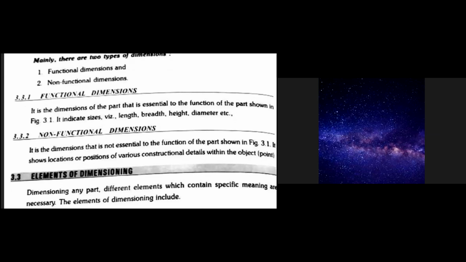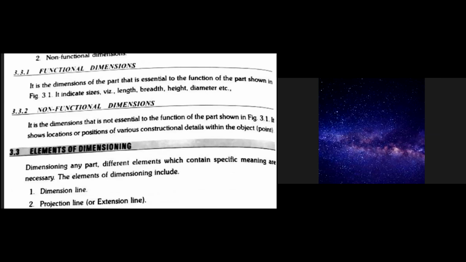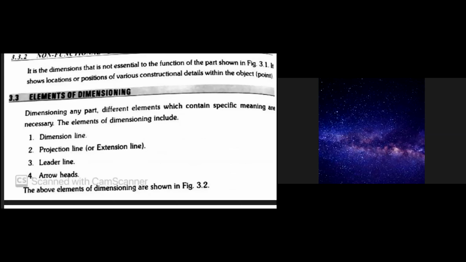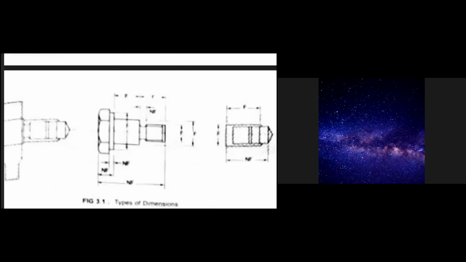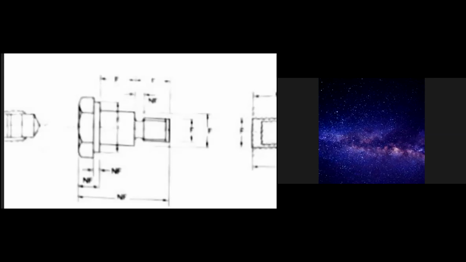Non-functional dimensioning is the dimension that is not essential to the function of the part. It shows locations or positions of various constructional details within the object. In this figure, F means functional dimensioning, NF means non-functional dimensioning.